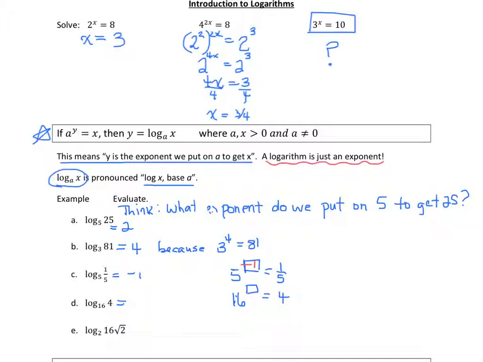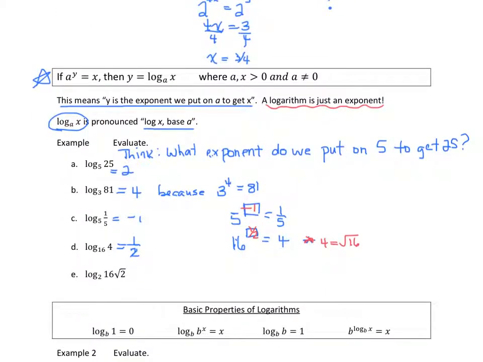And in particular, the fact that 4 is the square root of 16. So think to yourself, 4 is the square root of 16. That means 16 to the 1/2 equals 4. And that's the answer to this question, 1/2. So the exponent I put on 16 to get 4 equals 1/2.